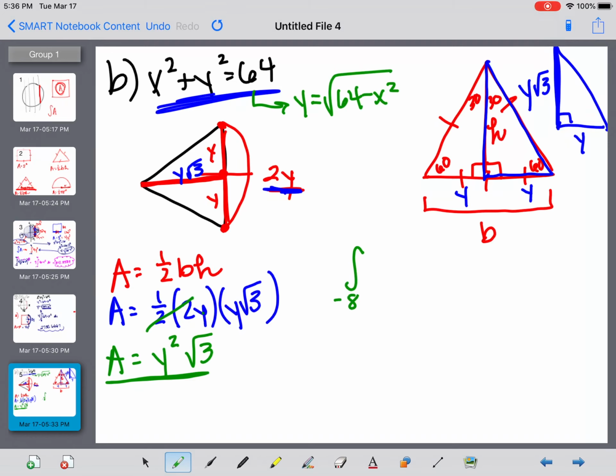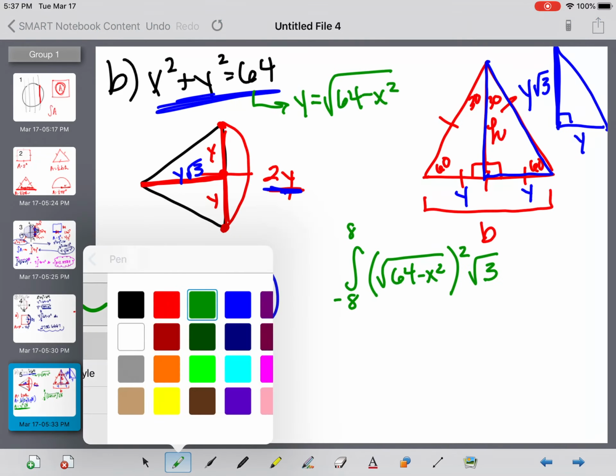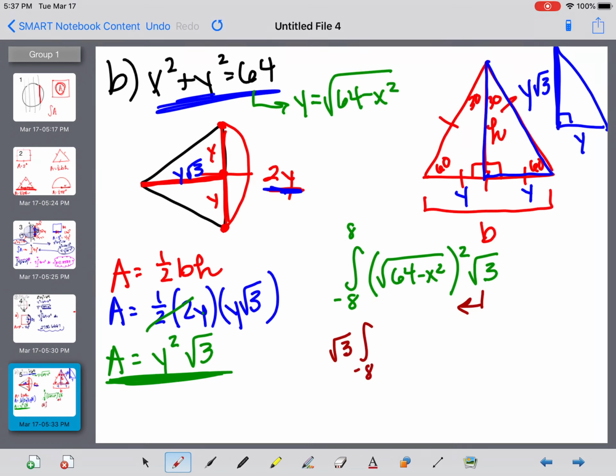So from -8 to +8 of this area formula, y squared, which would be the square root of 64 minus x squared times the square root of 3. I'm going to simplify my life a little bit more, and I'm going to kick that square root of 3 out. So the square root of 3 on the outside of the integral. And then the square and the square root of 64 minus x squared cancel.